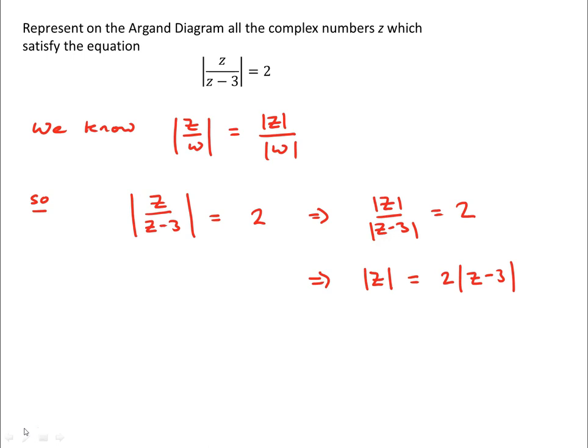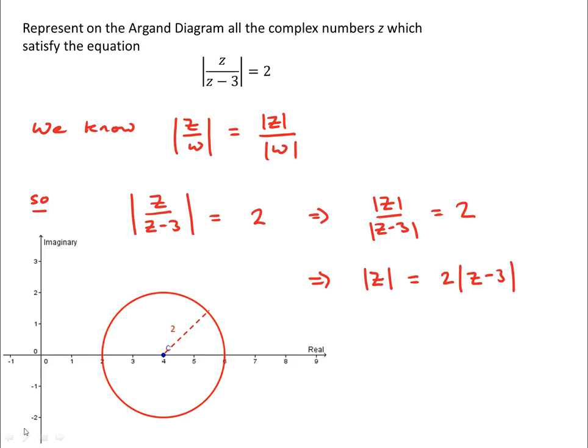And this means that this example is actually exactly the same as the previous example that we've just worked through. So we know that the locus of z is exactly the same as it was in the previous example, namely a circle of radius 2 and centre 4, 0.